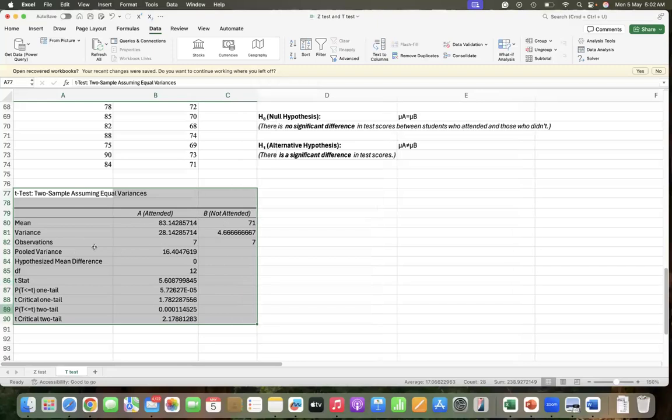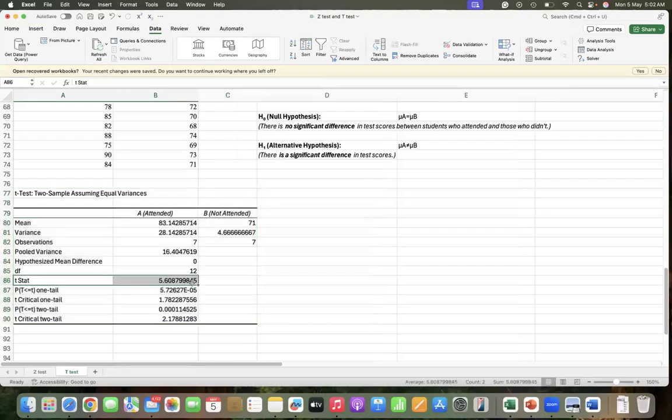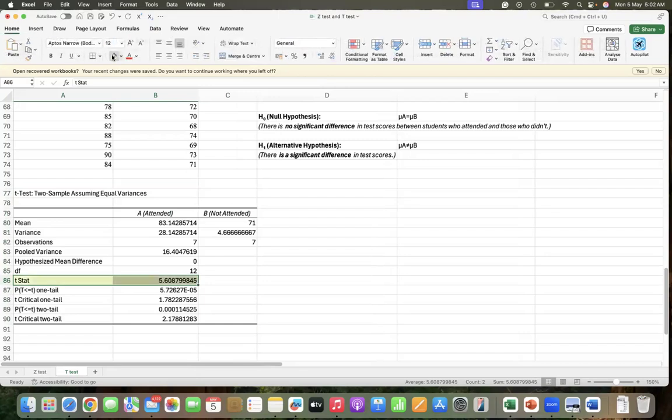So these are the statistics which we have got. First, we will look at the t value. The t value which we calculate came out as 5.6, and our test was a two tail test, and its critical value which we see from the table is 2.17 for two tail.